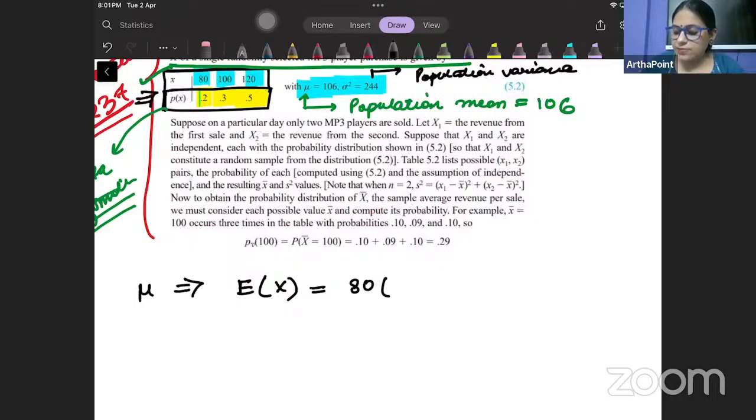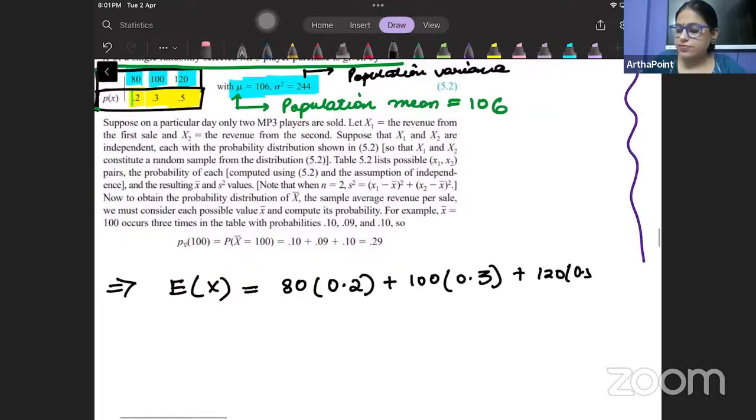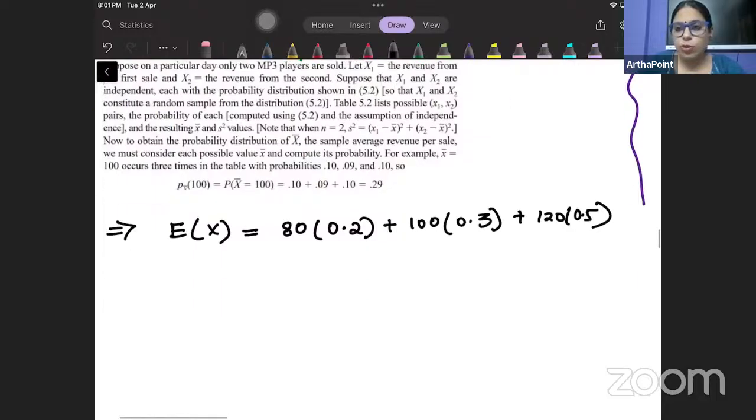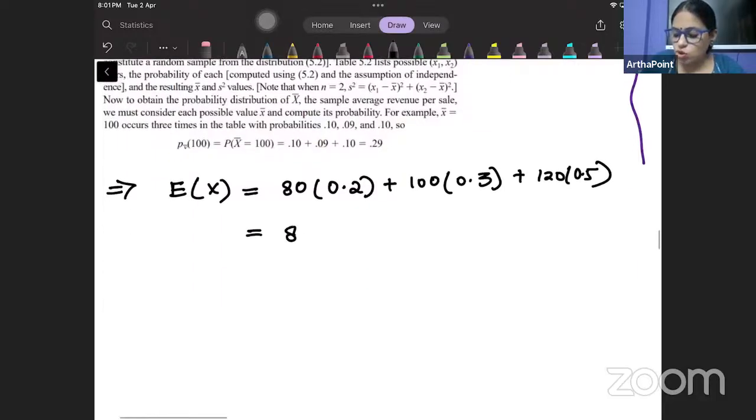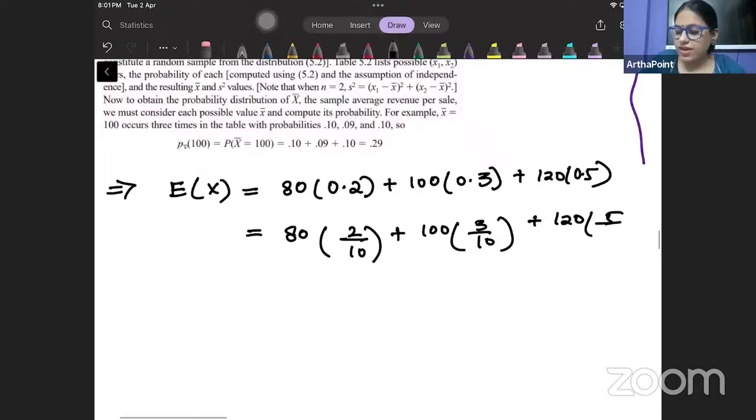I will do 80 into 0.2 plus 100 into 0.3 plus 120 into 0.5. So if I just try to solve this, I will get 80 into 2 by 10 plus 100 into 3 by 10 plus 120 into 5 by 10. So what will I get here? This will be 16. This will be 30.